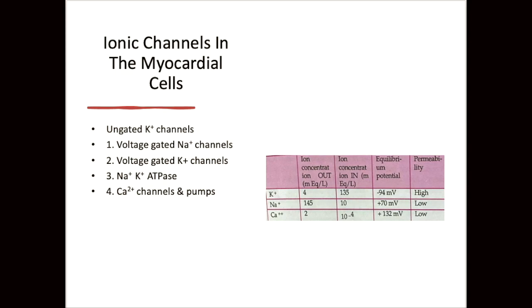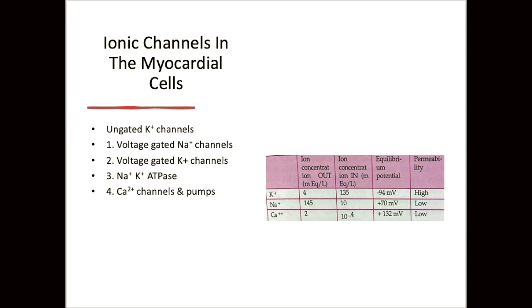Now the final variety is voltage gated calcium channels. These voltage gated calcium channels are closed under resting conditions, and depolarization again is the signal that causes these channels to open, but they open more slowly than the sodium channels.